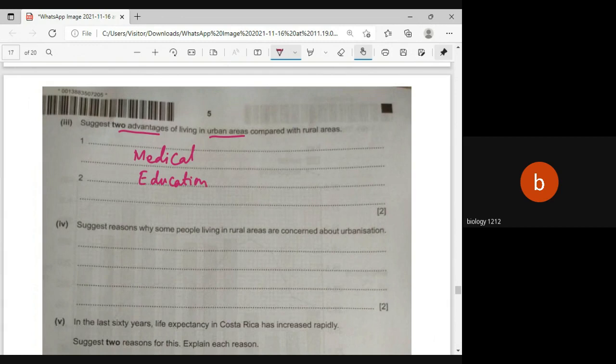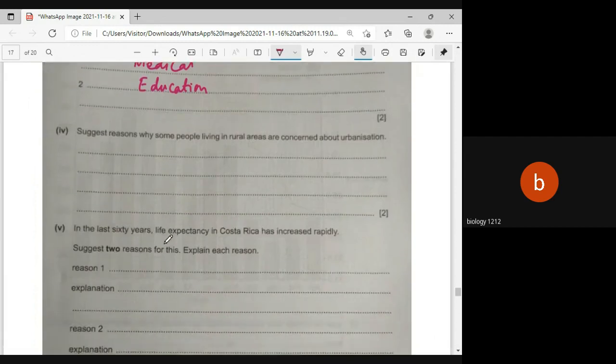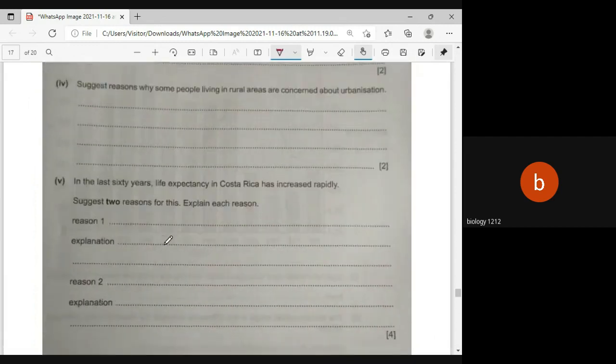Moving to next, suggest reason why some people living in rural area are concerned about urbanization. So the people who are living in villages, why they are concerned about getting converted into cities. The reason here, as we know, because most of the companies or factories are moving towards the village, right, towards the rural side for development purpose.